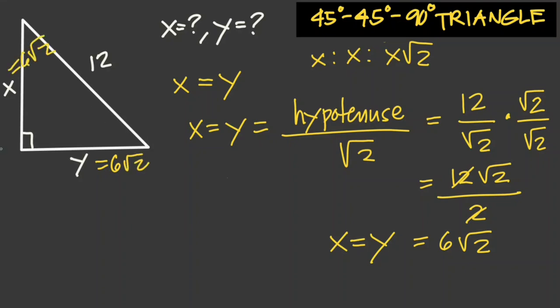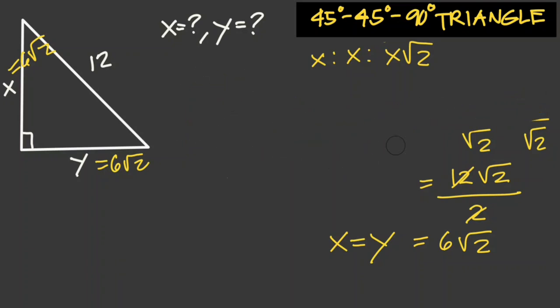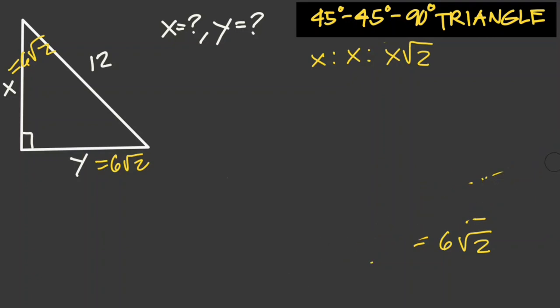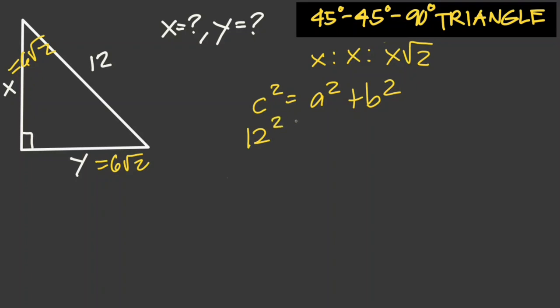Now let's try solving this by using the Pythagorean theorem. We'll see if we get the same answers. So c squared equals a squared plus b squared. Our hypotenuse is 12.